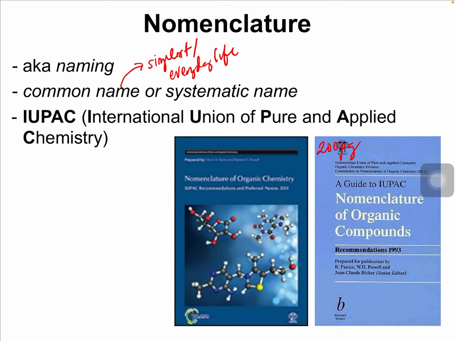Then in 2013, another version of the nomenclature was released by the same institution, and upon reading it, it's around 1,500 pages now. So it means that the rules are now expounded. A lot of rules have been added to the rules.